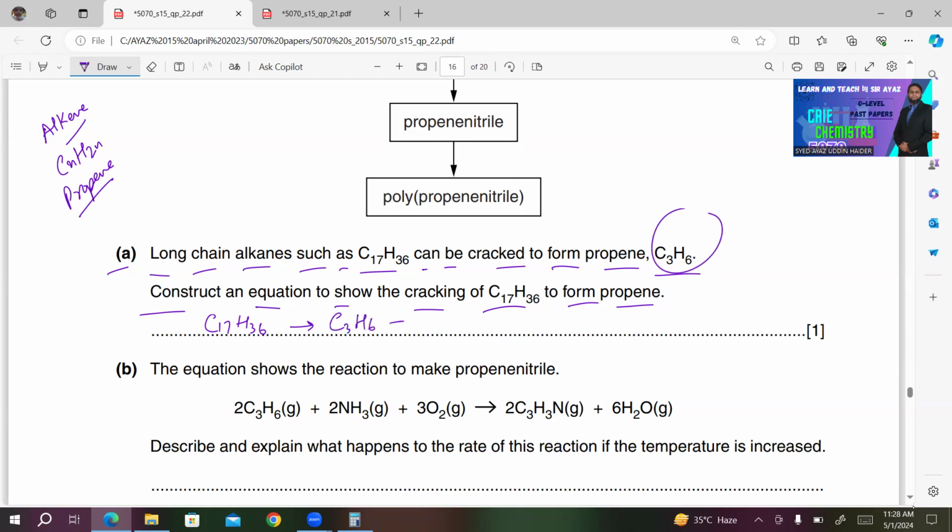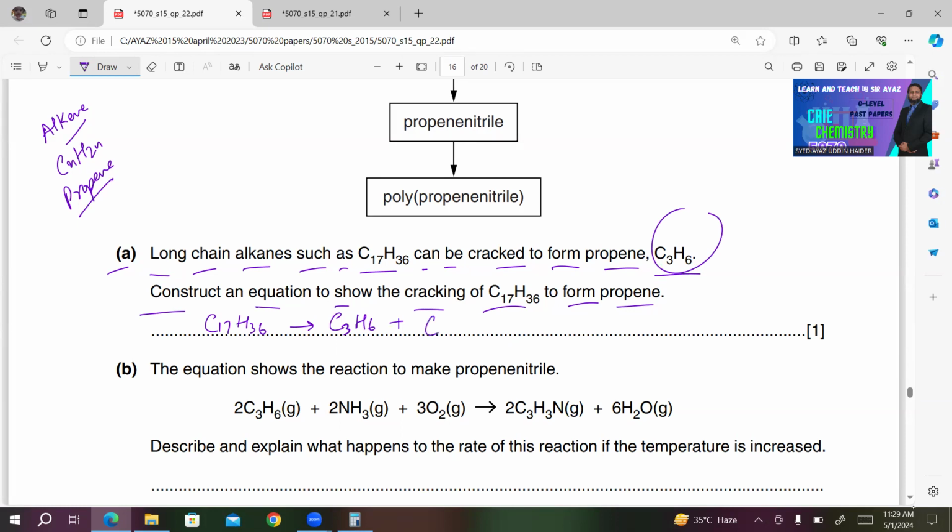What about the other product? When you crack long chain alkanes, you will get either alkane and alkene or alkene and hydrogen gas. In this case, we will definitely be getting an alkane. So subtract the number of carbon atoms from 17. What you will get?